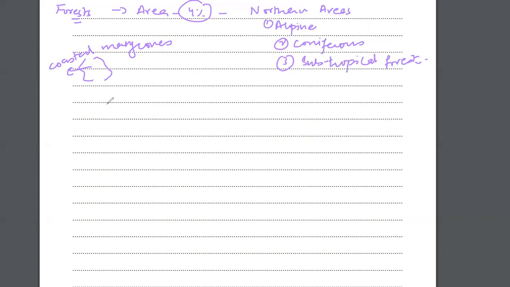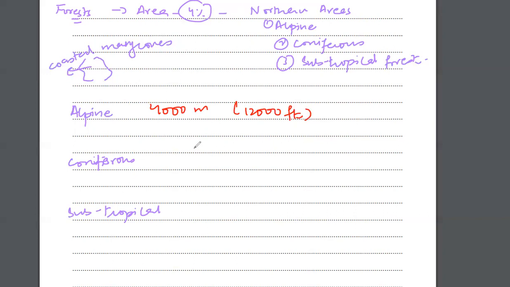Now the other thing that is being asked, if we compare these three first: alpine, then coniferous, and then subtropical. Now alpine. First thing is the altitude. Okay, 4,000 meters or 12,000 feet.